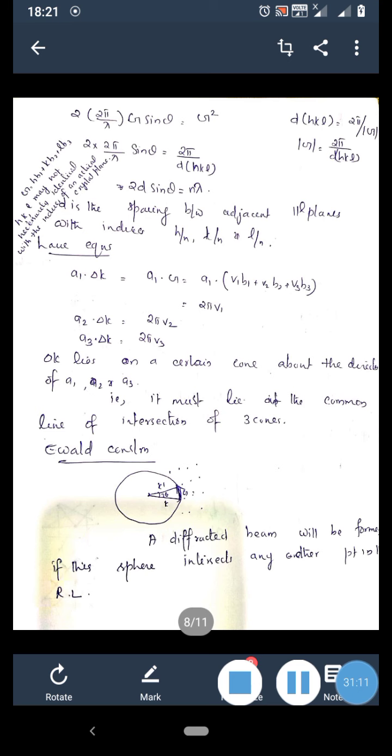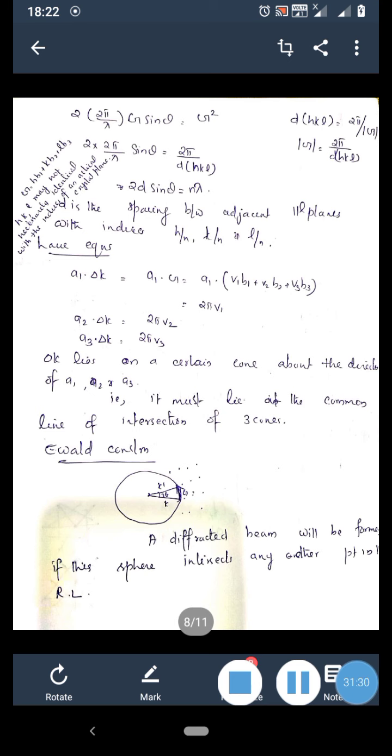If the angle of incidence is in such a direction, that angle is marked here as 2 theta, then you can project this k back to the sphere side. You can see that in Kittel's textbook, page number 37.